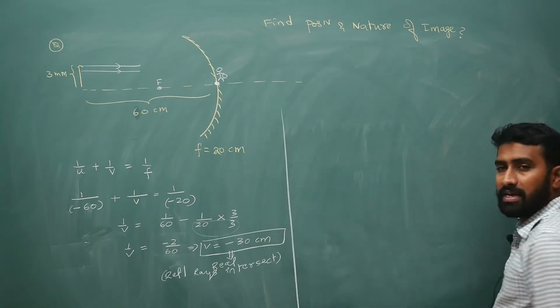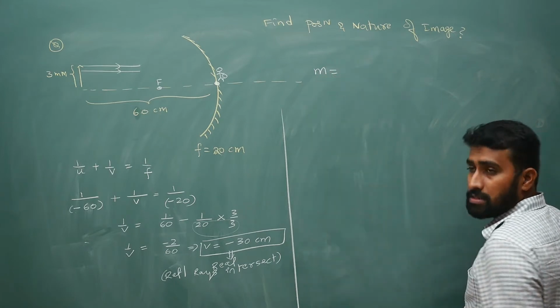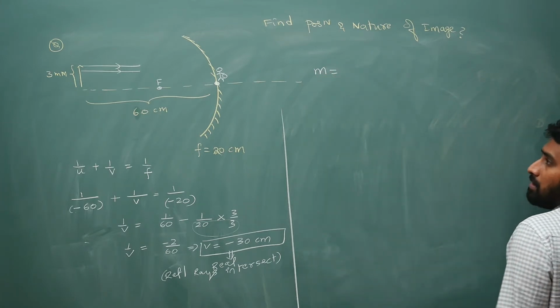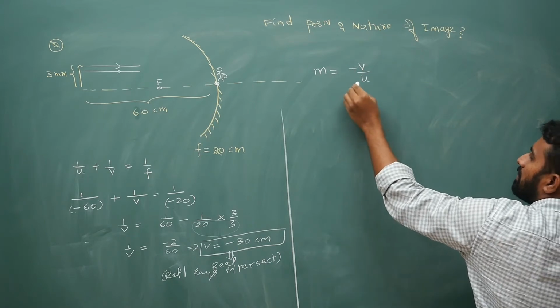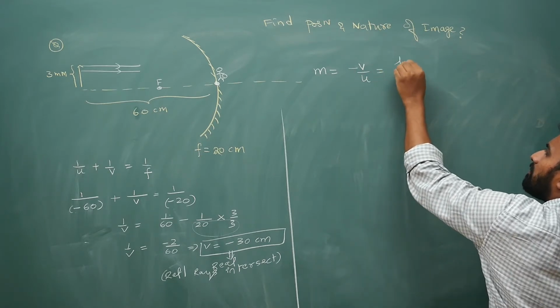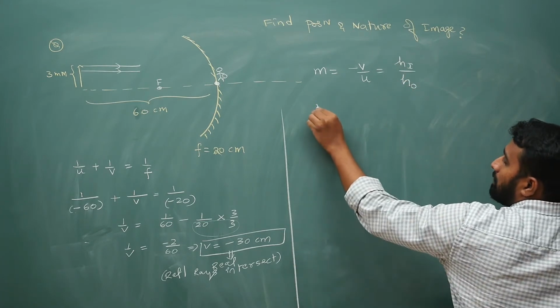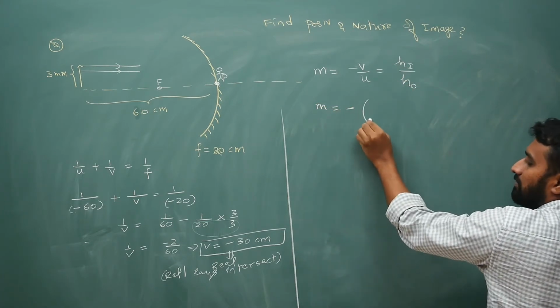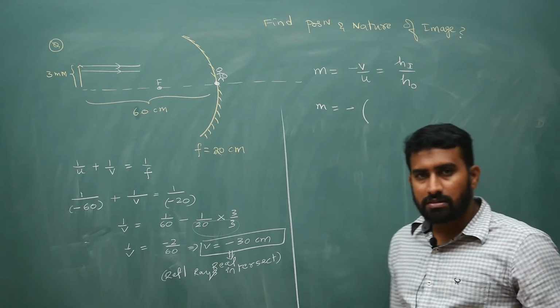Now coming to the magnification part. Magnification m is minus v by u, which is equal to height of image by height of object. Even in this relation you have to substitute with sign convention.